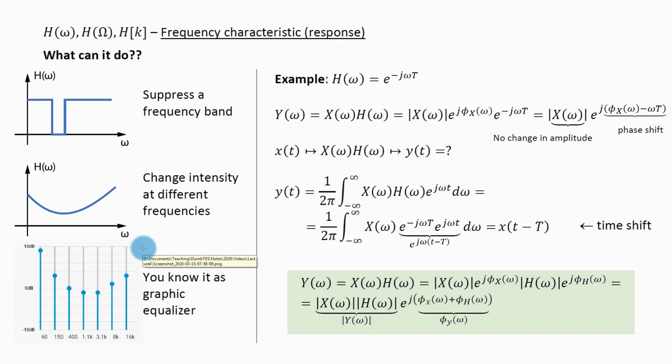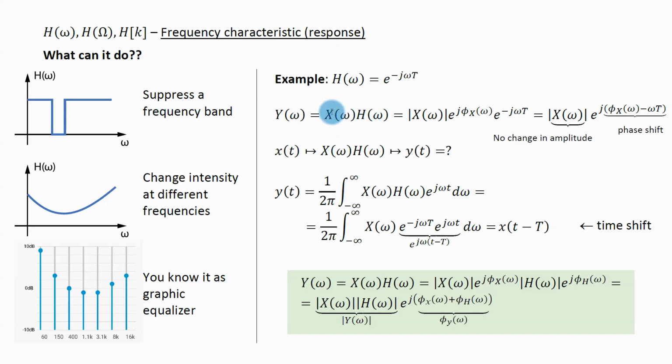Now, the frequency response is not limited to changing only the amplitude of your spectrum. It can change the phase as well. And I'm illustrating that in this example. So here I have a frequency characteristic that is this complex exponential. And let's take a look at what this complex exponential will do to our spectrum. So here I have my spectrum and I'm multiplying it with the frequency response.